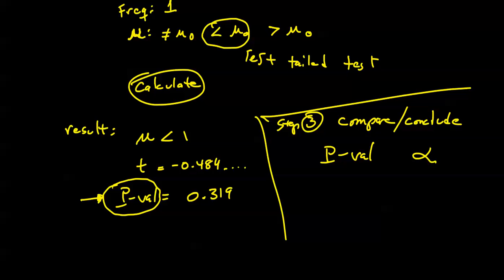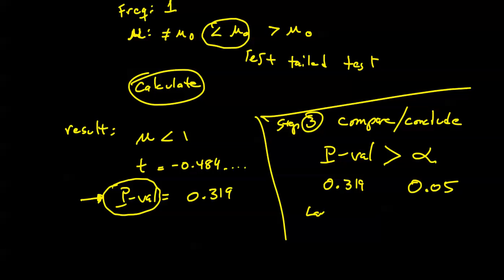The significance level typically is given to you, and in this problem statement the significance level given to us was 0.05. This will tell us how significant our sample data is. All right, the p-value here was 0.319, and of course the p-value here is greater than alpha.